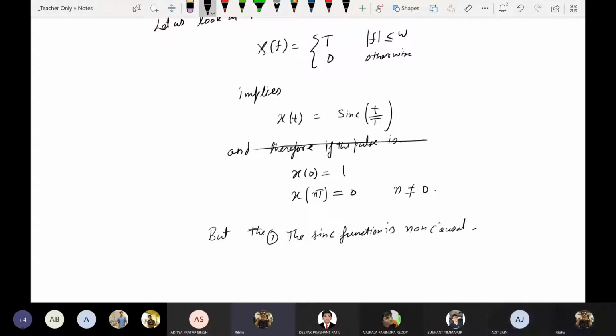Yes, sir. And two, it decays as 1 over t. So it decays slowly, which is not good.